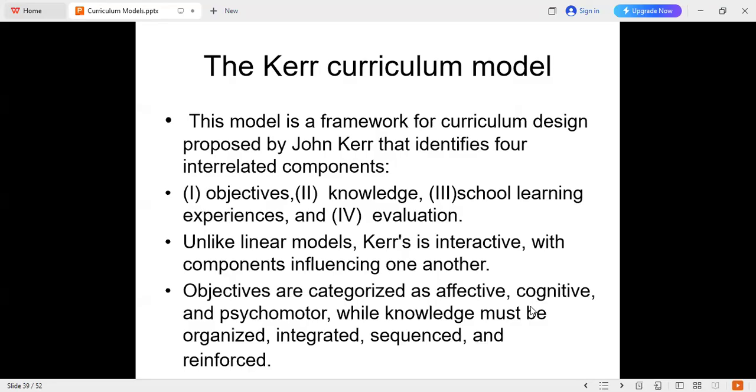Right, now we can wind up this. There are some other models. By next week we can finish, because the curriculum model is an important part of curriculum theory and practice. After that we have to compare the syllabus and curriculum, and curriculum materials, and the history of Sri Lankan curriculum.